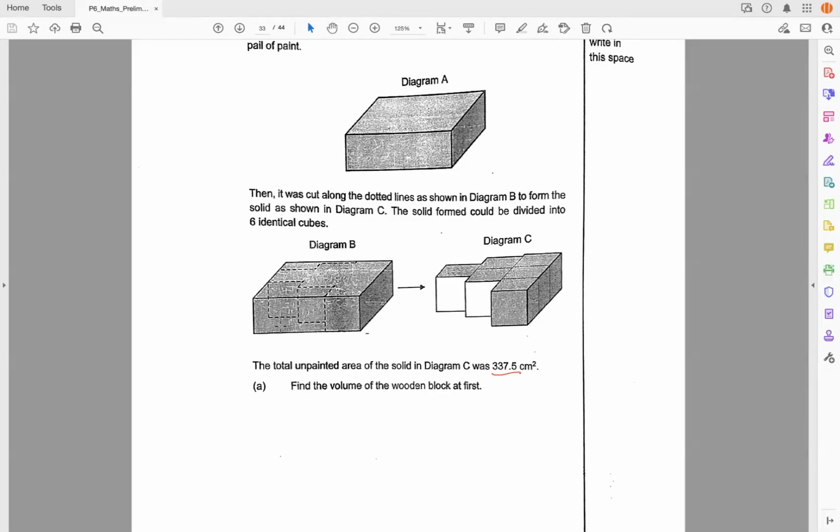Now, let's look at this. This is called the side view. This is the front view. Just name it.